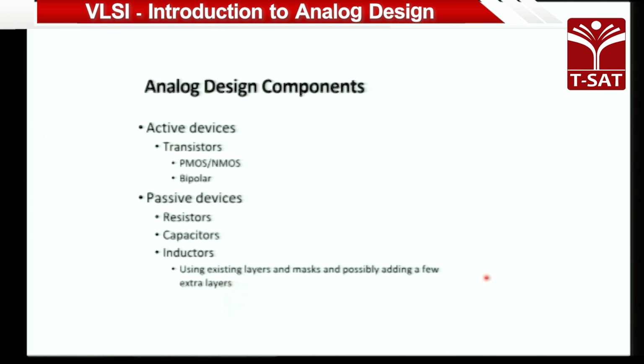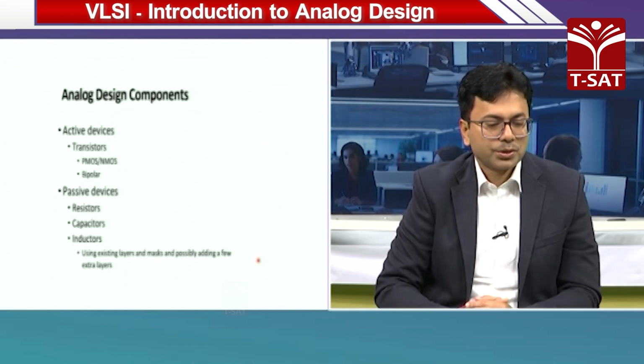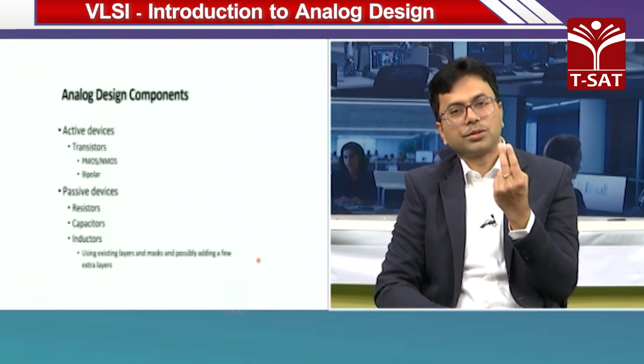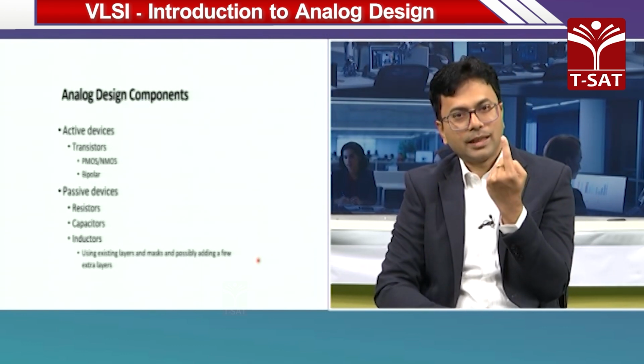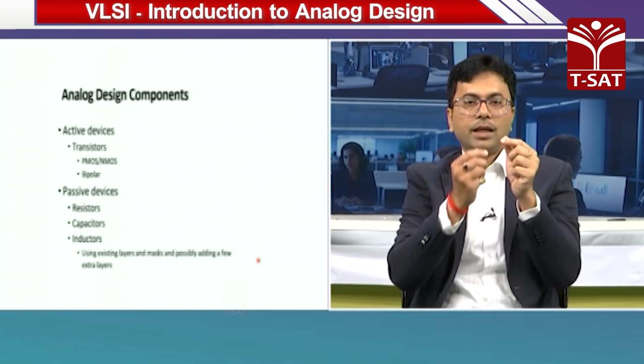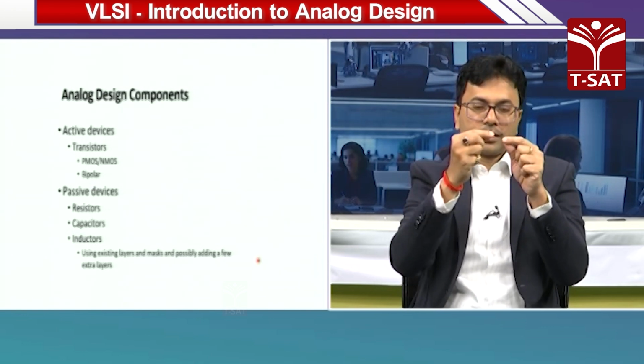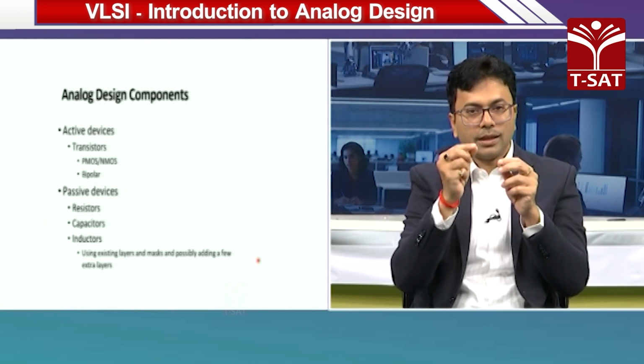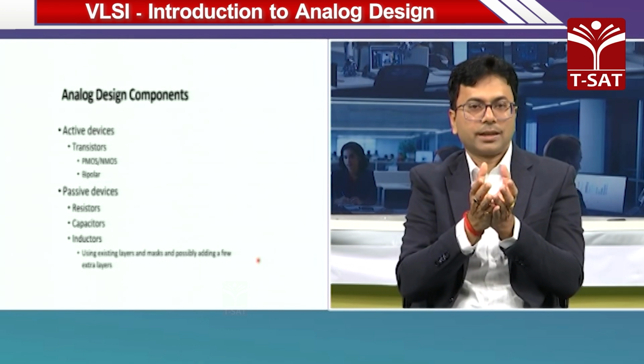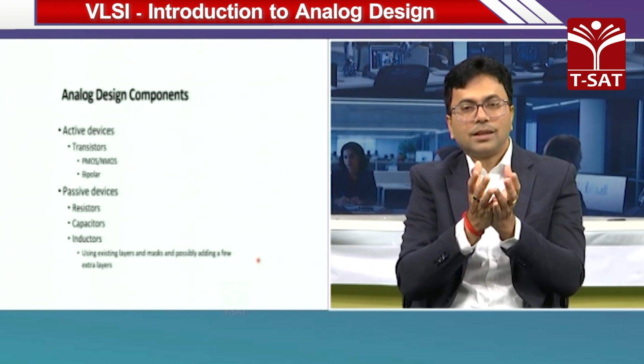You don't have to remember so many things in order to do something in this. One is active devices, and the other is passive. Components means you take all the small devices, connect them in multiple ways, and then create the overall architecture, the overall structure.